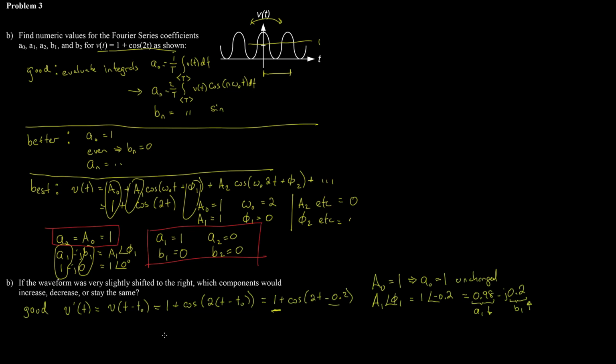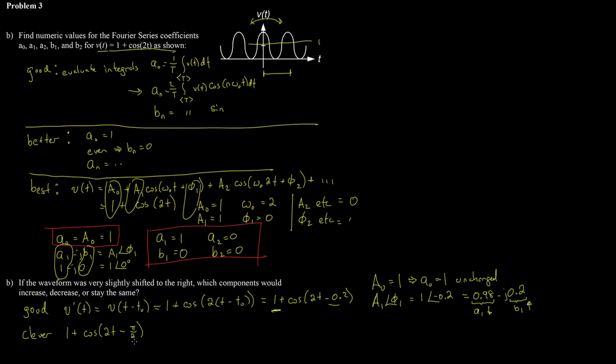Now there is a very clever way to simplify this still further. As we shift it to the right, this 1 plus cosine of 2t, as we shift it to the right more and more, there'll be a constant subtracted from the 2t. And this constant will eventually, at some point, approach pi over 2.